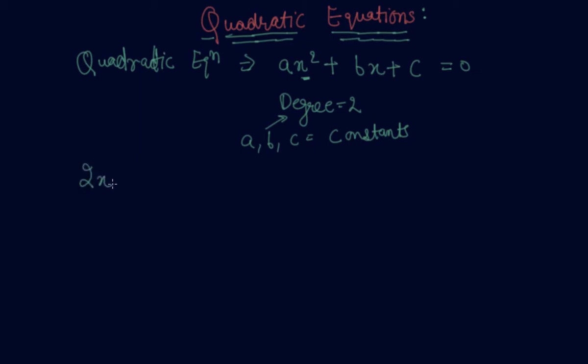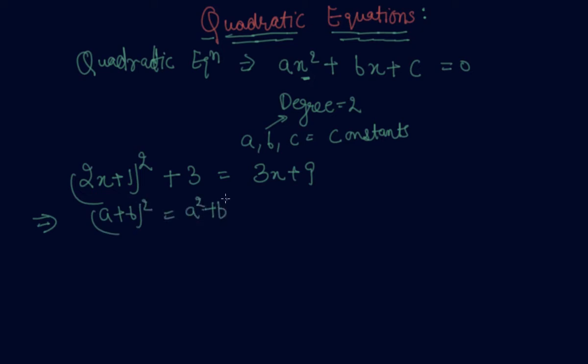So students, please see here, this is 2x square plus (2x plus 1) whole square plus 3 equal to 3x plus 9. So first we try to solve this. As you all know, the formula for (a plus b) whole square is a square plus b square plus 2ab.